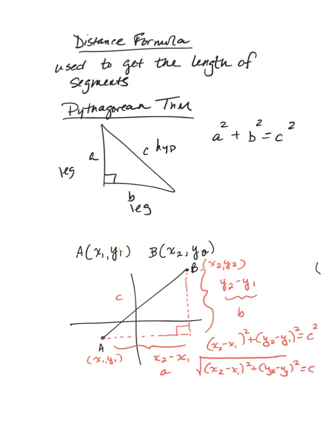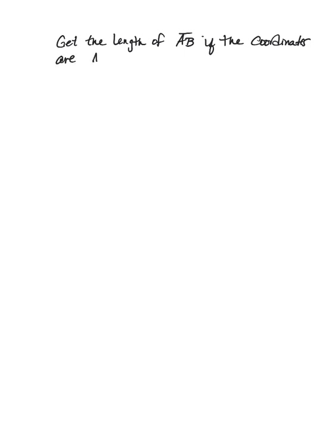Okay, now we're going to use the distance formula. So we're going to get the length of segment AB if the coordinates are A(-3, 2) and B(0, -2).